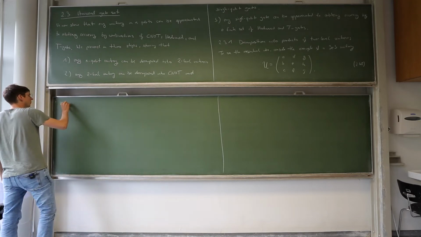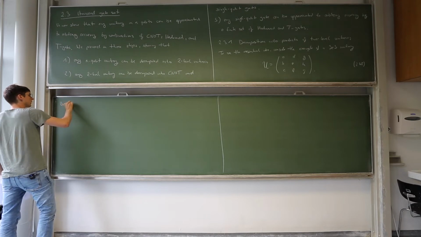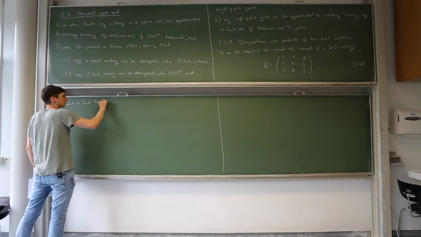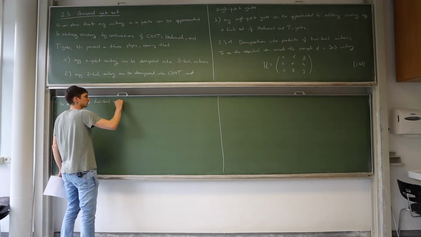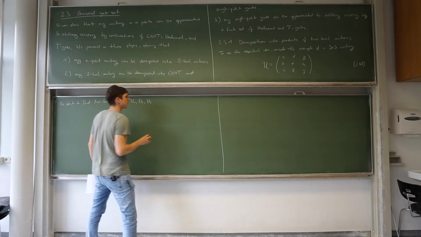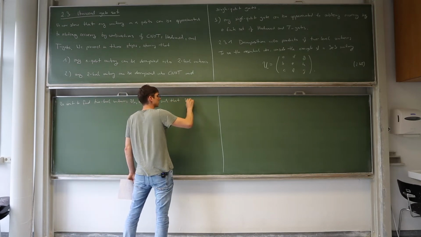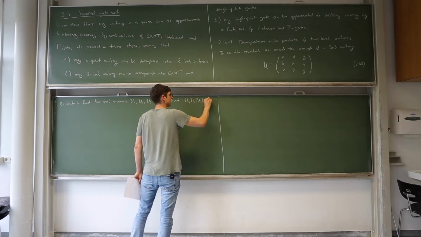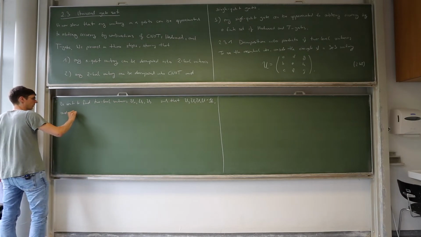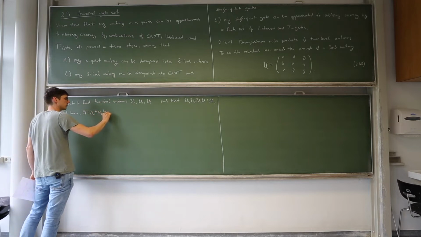So we aim, or say we want to find two-level unitaries U1, U2, and U3 such that U3, U2, U1, U is the identity, and hence U is equal to U1 dagger, U2 dagger, U3 dagger.